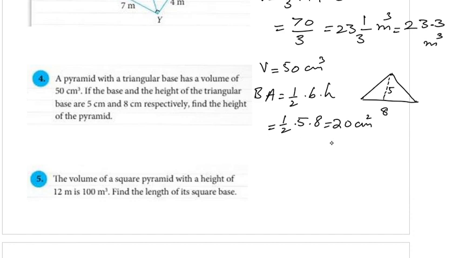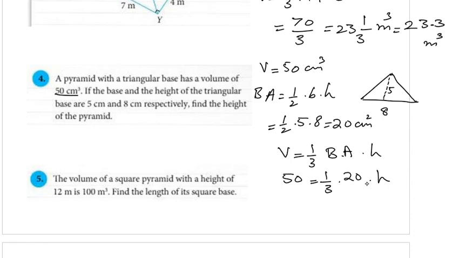And this 20 centimeter squares will be used in the formula to find the volume. Sorry, volume is given in this question, 50 centimeters cube. So write the formula V equals 1 over 3 base area multiplied by height, and volume was 50, which is equal to 1 over 3, base area is 20, and height we need to find in this question.